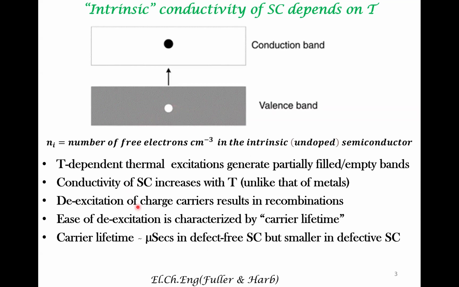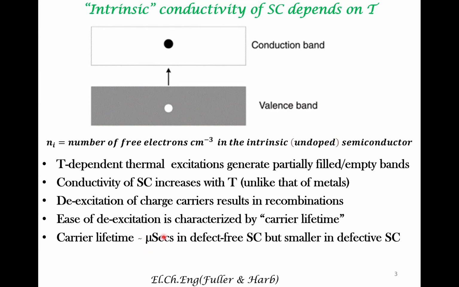The carrier lifetime is of the order of microseconds in a defect-free semiconductor. So if you have, let's say, a single crystalline silicon, then the carrier lifetime is of the order of microseconds. However, when you have defective semiconductors or oxide-based semiconductors, the carrier lifetime is much smaller.